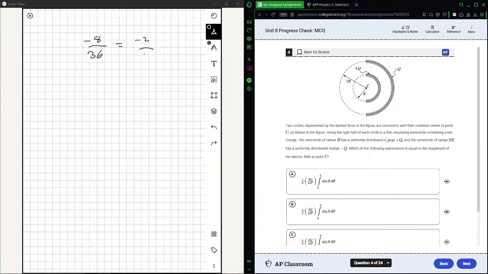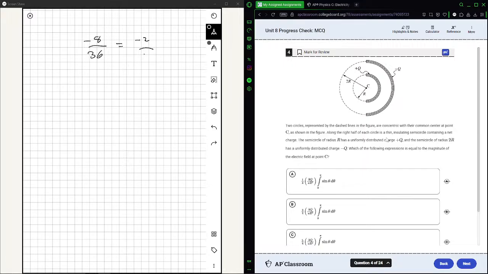Two circles represented by the dashed lines in the figure are concentric with their common center point at C. Along the right half of each circle is a thin, insulating semicircle containing a net charge. The semicircle of radius r has uniformly distributed charge plus q, and the semicircle of radius 2r has uniformly distributed charge.